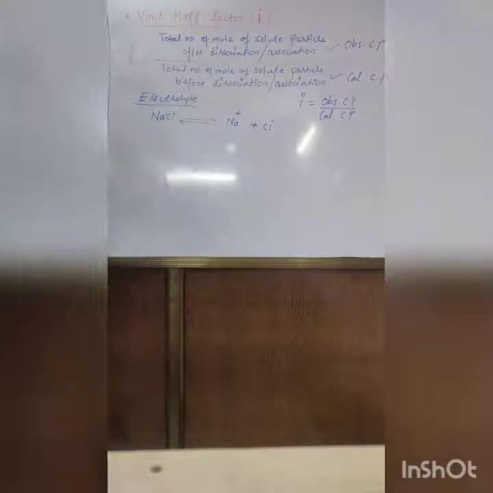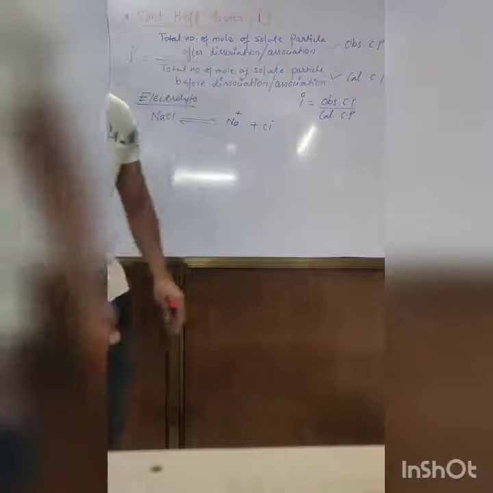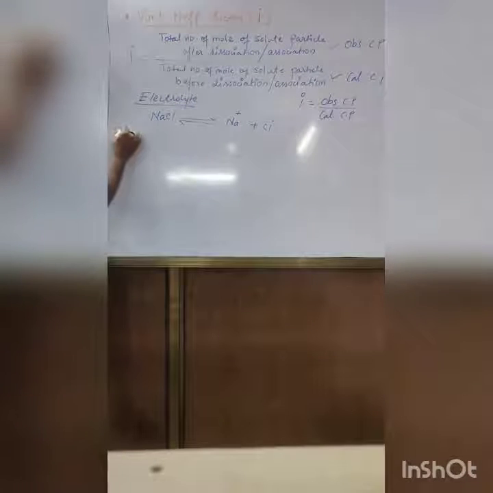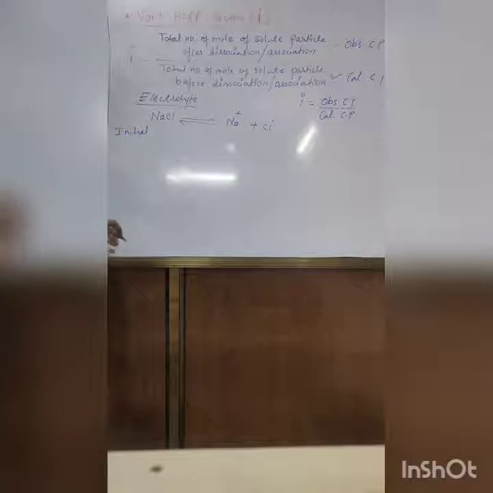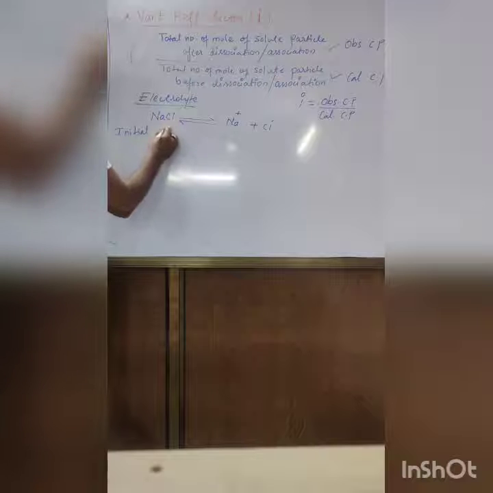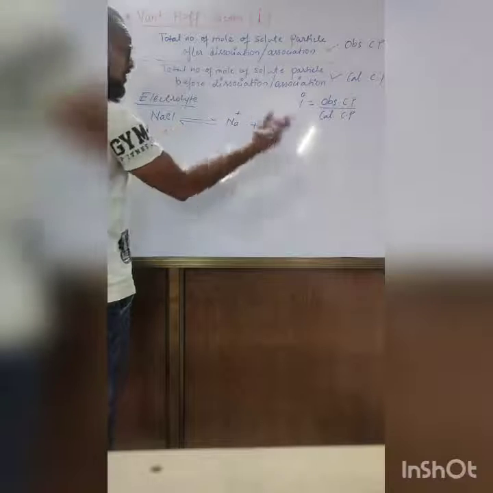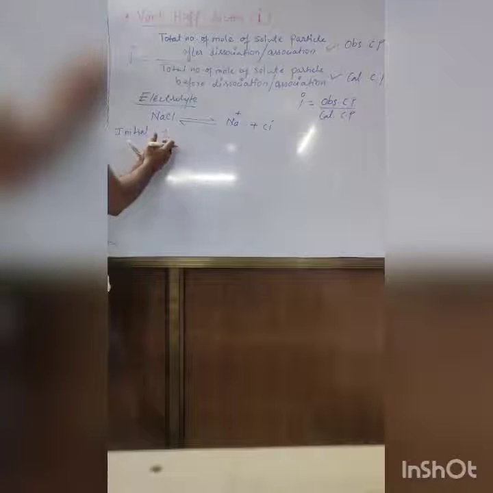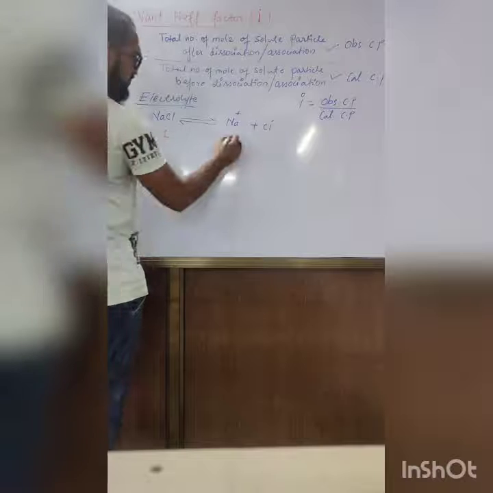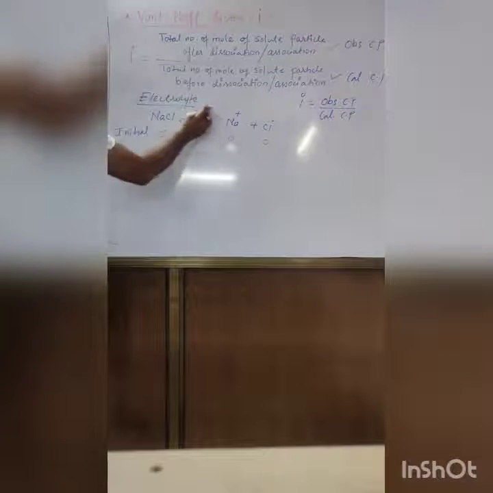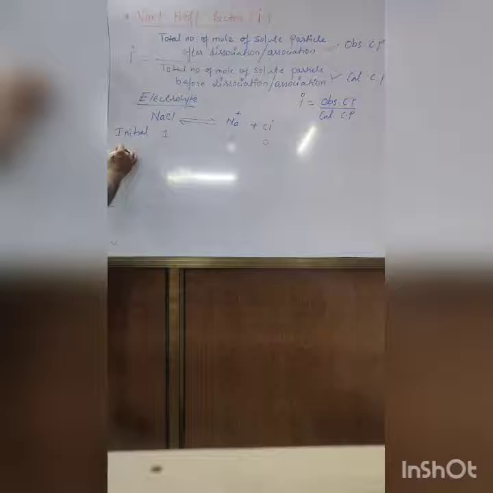So what happens in case of an electrolyte which does not undergo 100% dissociation? Initially, I have taken 1 mole of NaCl and it does not dissociate, so it forms 0 Na+ and 0 Cl-. But after dissociation it forms the equilibrium.